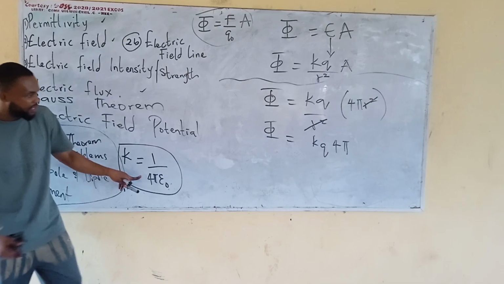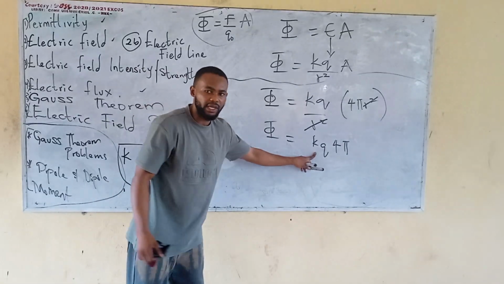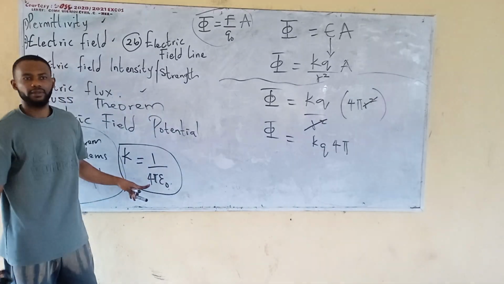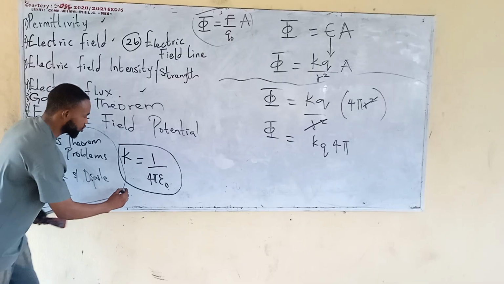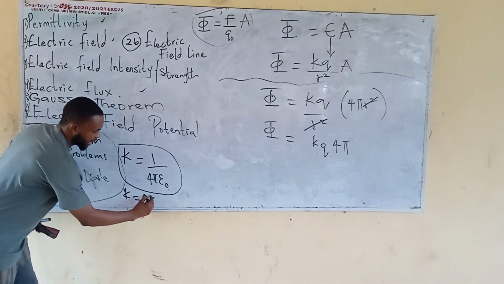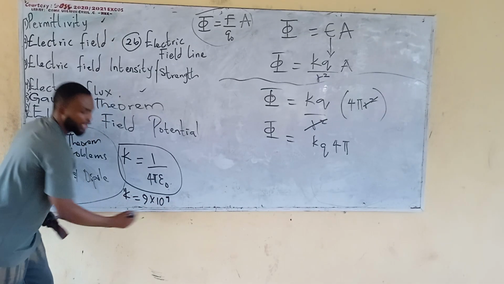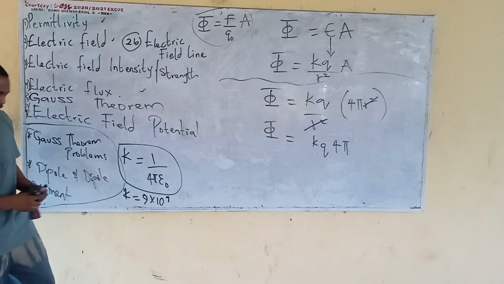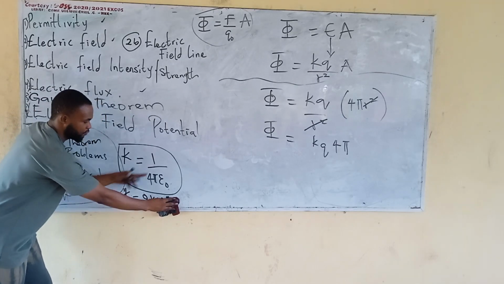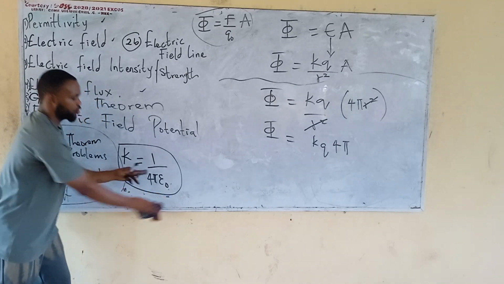So if I have this, let me replace K that is here with this thing. Remember that K is also given by 9 times 10 raised to power 9. Do you still remember? Yes. But we are not using this one because if we solve this, we should get this. So this is what we are using.